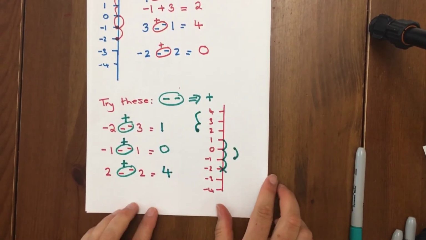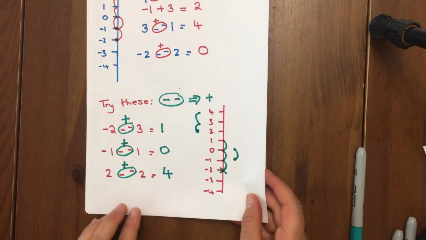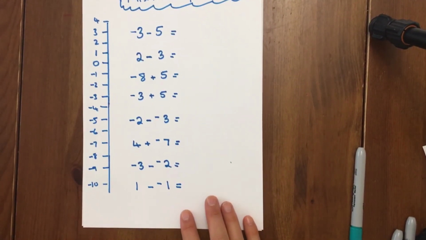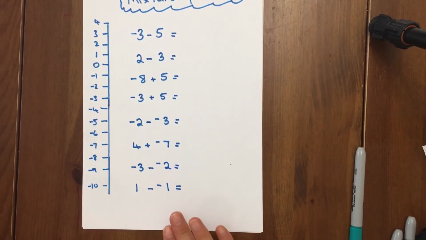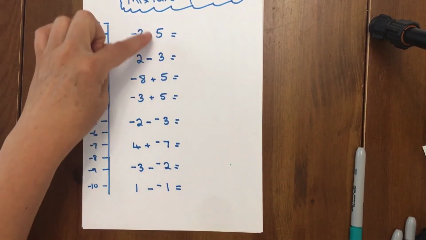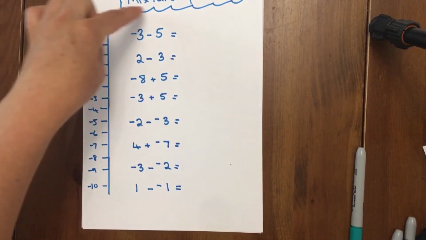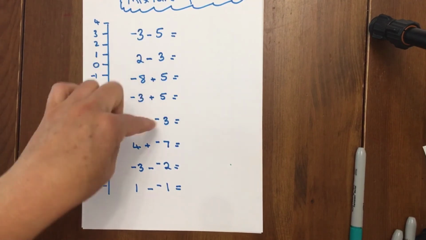Okay, so I hope you've got all those right, and what you're going to do now is a mixture of questions, and I want you to pause the video and write these down. Some have just got one sign in the middle, so you can do those straight away. Those first 4 have just got one sign in the middle.